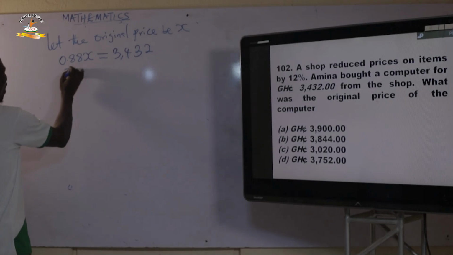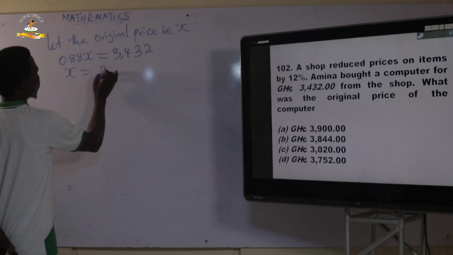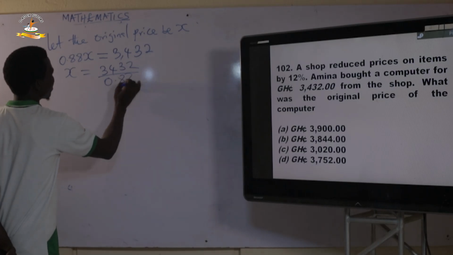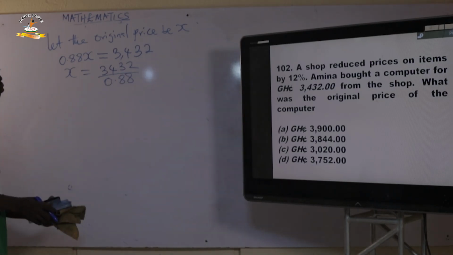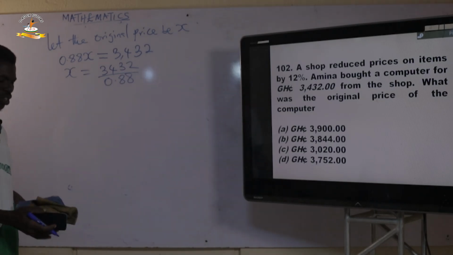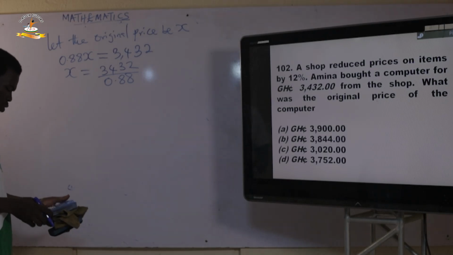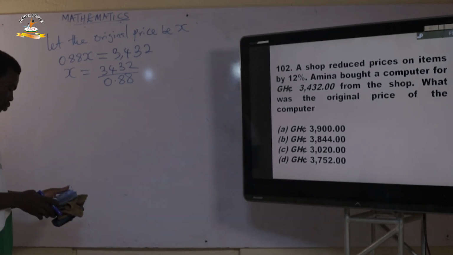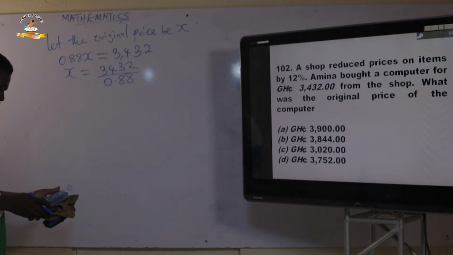So the simple analogy is that you're going to have 3432 divided by 0.88 as your answer, and that's pretty much faster compared to the conventional way you might know how to go about it.